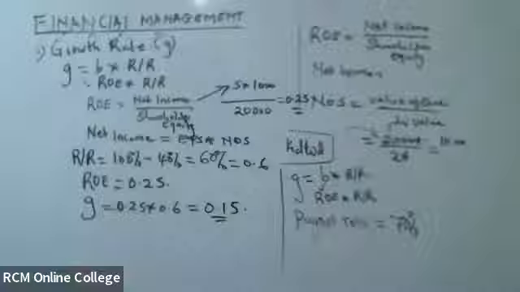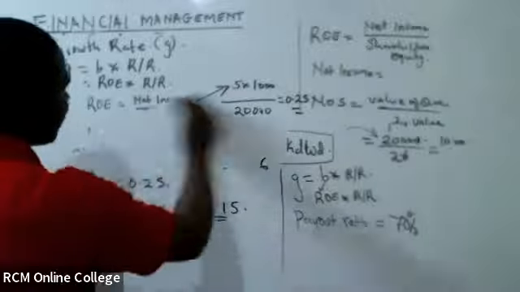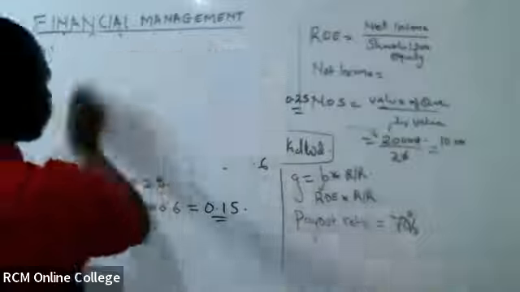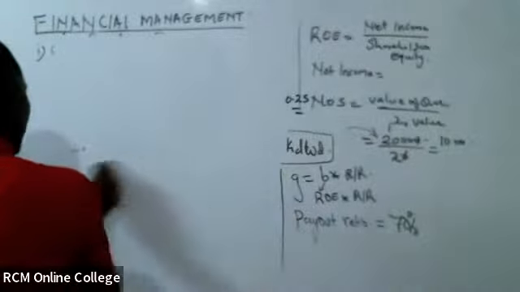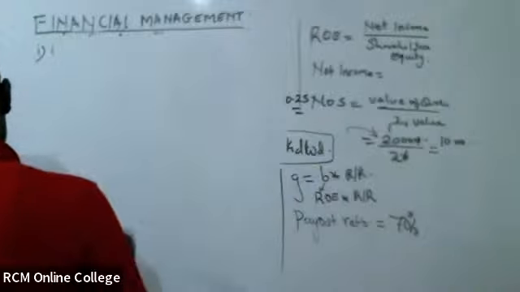All right, good. Now class, let's move to the next part. Having gotten our growth, we can move to Roman number 2. For Roman number 2, they want us to get the component cost of ordinary share capital.